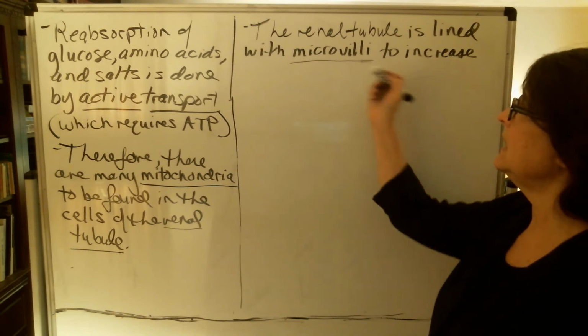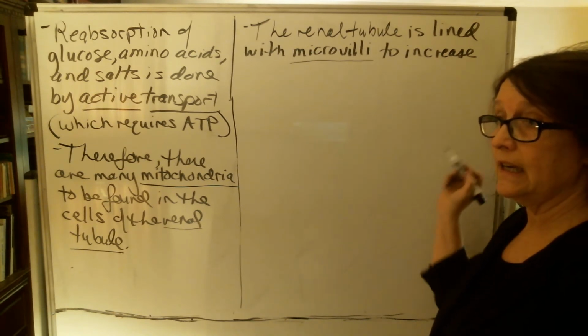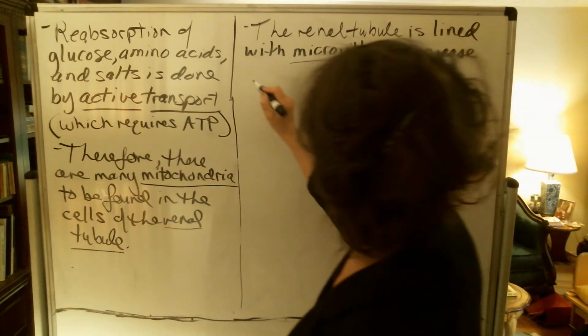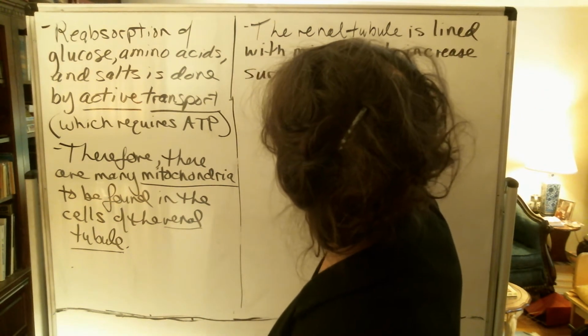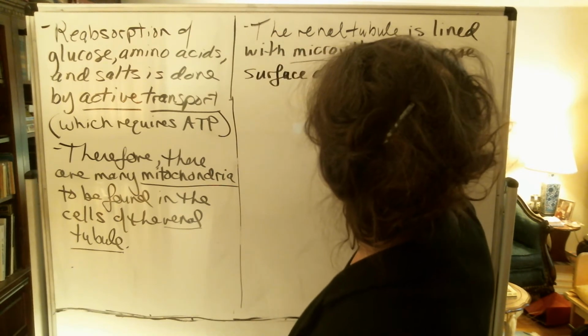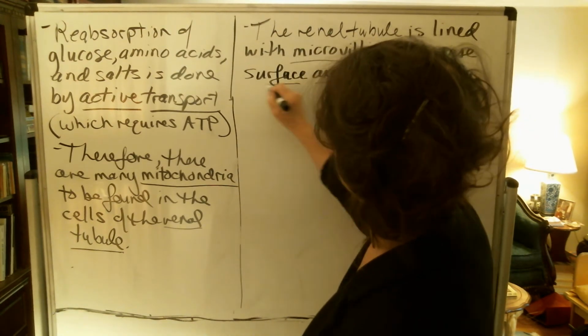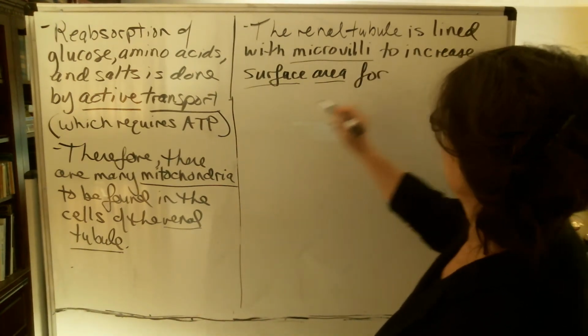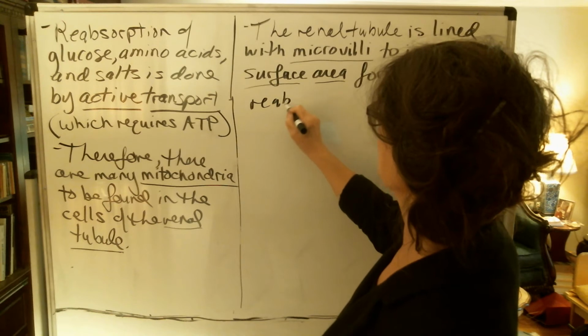When you see something like microvilli, the usual reason for it is to increase surface area for reabsorption.